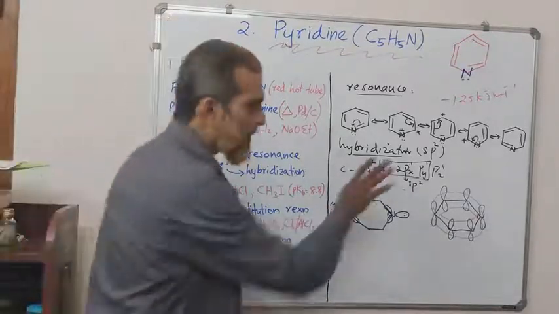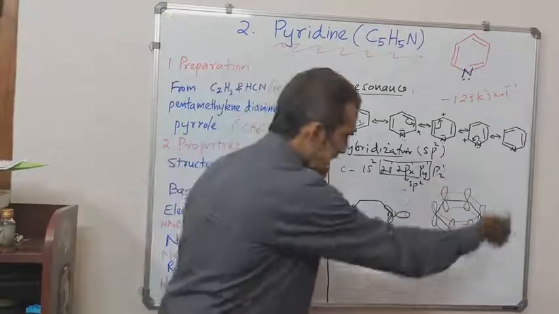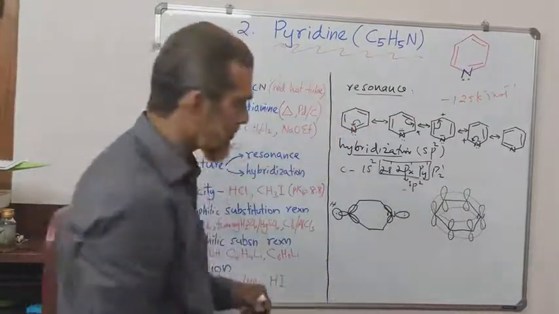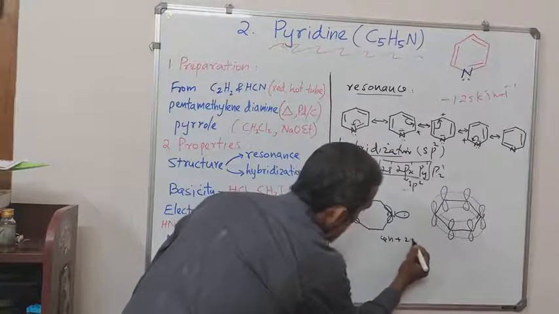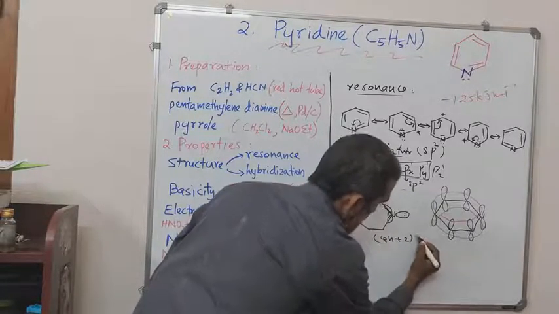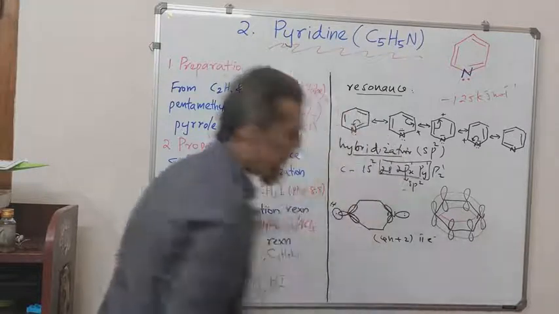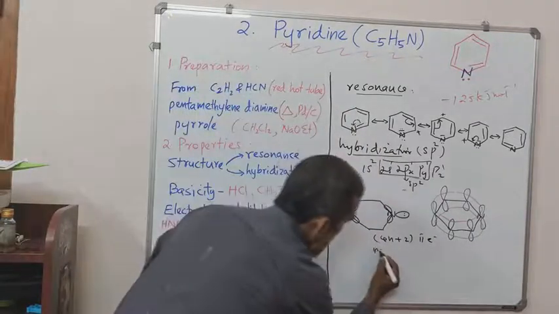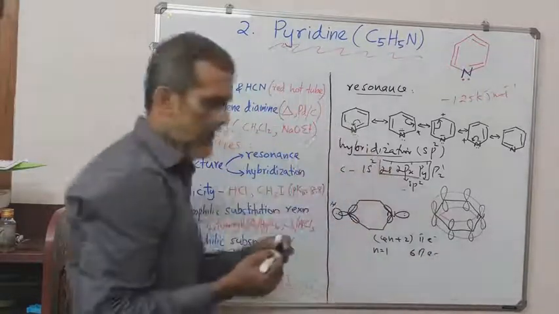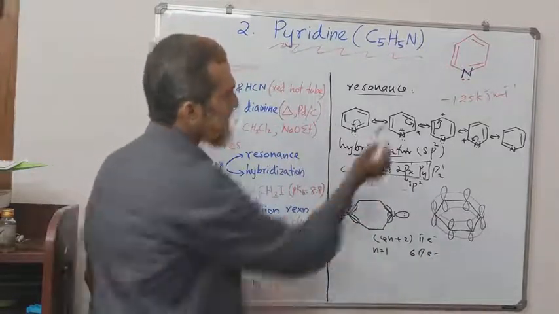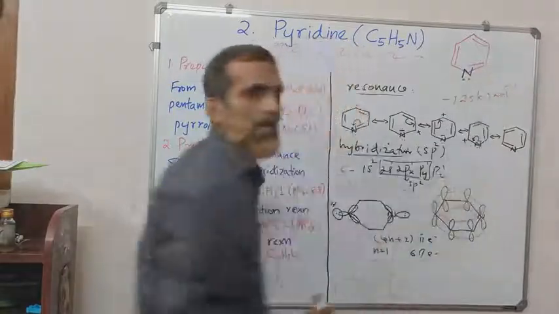Now pyridine is aromatic because it has the complete cyclic conjugation. If you apply Huckel rule, 4n plus 2 pi electrons where n is equal to 1, so it is 6 pi electrons. Which are they? You have the 3 pi bonds, that's the 6 pi electrons.